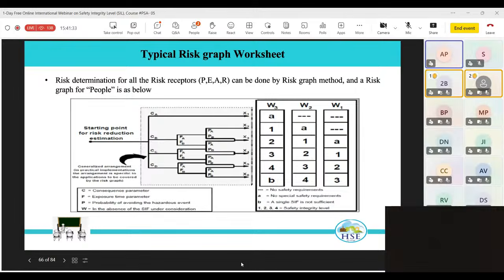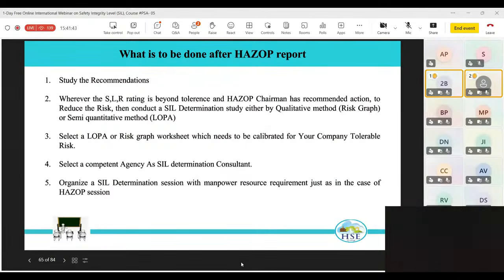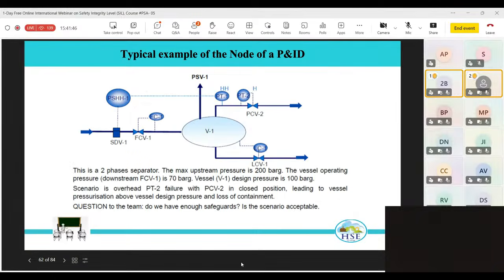I'm not going to dictate a specific thing, but you can think about it this way: in this particular node, the criticality of this particular safeguard, PSH, what do you consider it?